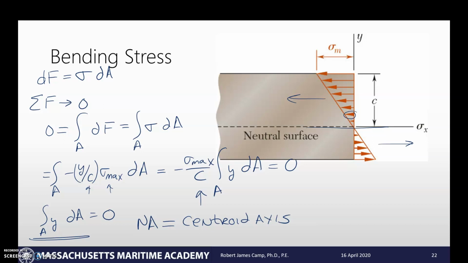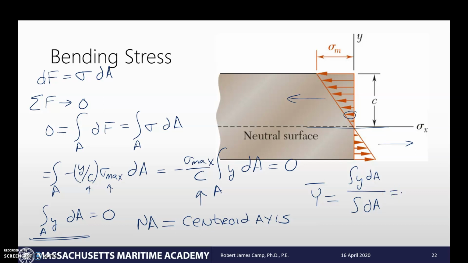So let me remind you, y bar is my distance to my centroid. How do we calculate that out? Well, we're going to have to do the sum of the y dAs of each individual shape, and then divide it by the integration of the area.